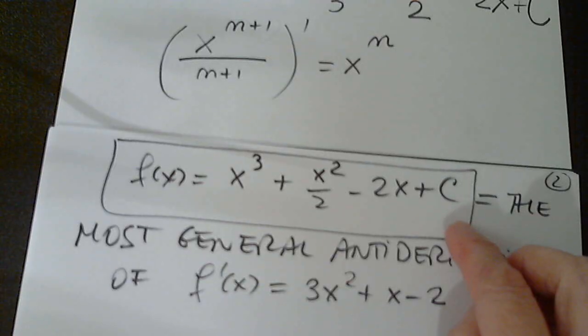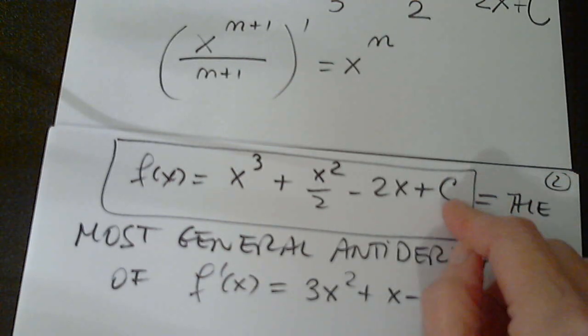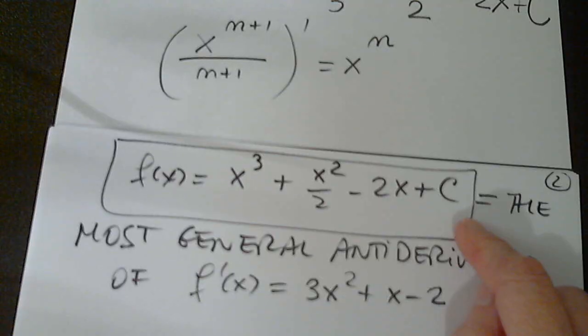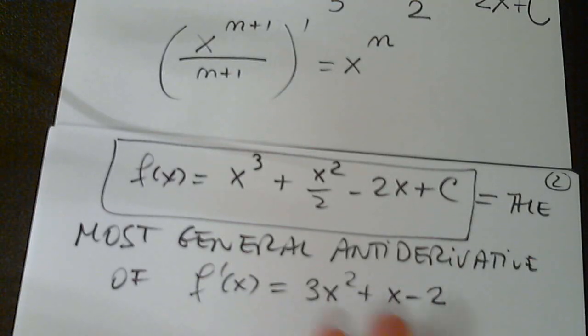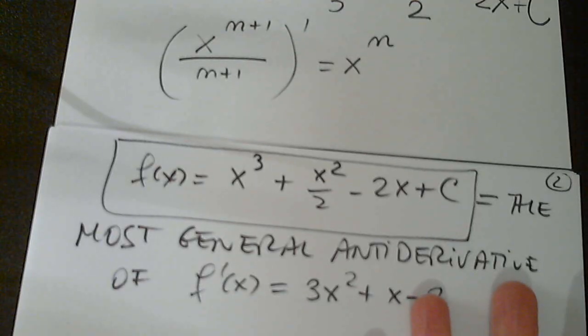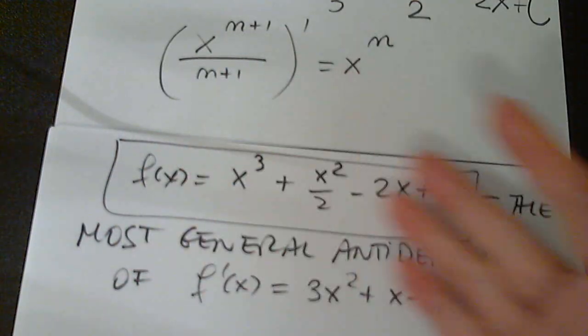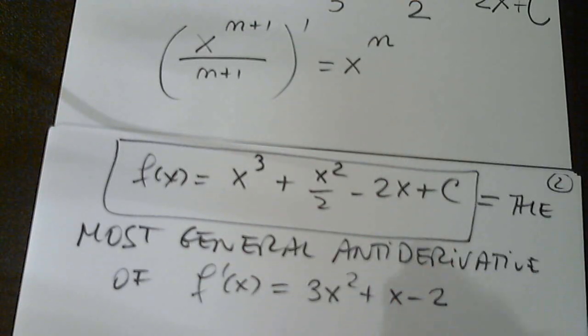So we may be asked to find exactly one, given some restriction, some condition, some initial value, and we will determine the c, and that will be a unique function. In this particular example, we were asked to find the most general antiderivative, meaning the entire family of functions whose derivative is this.